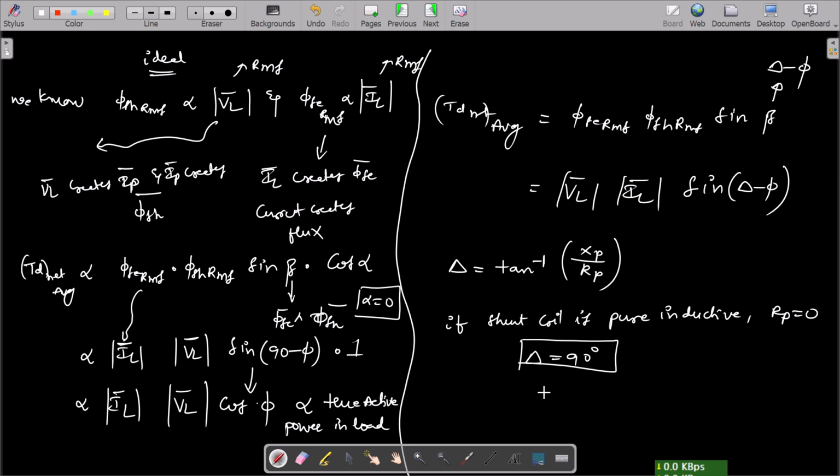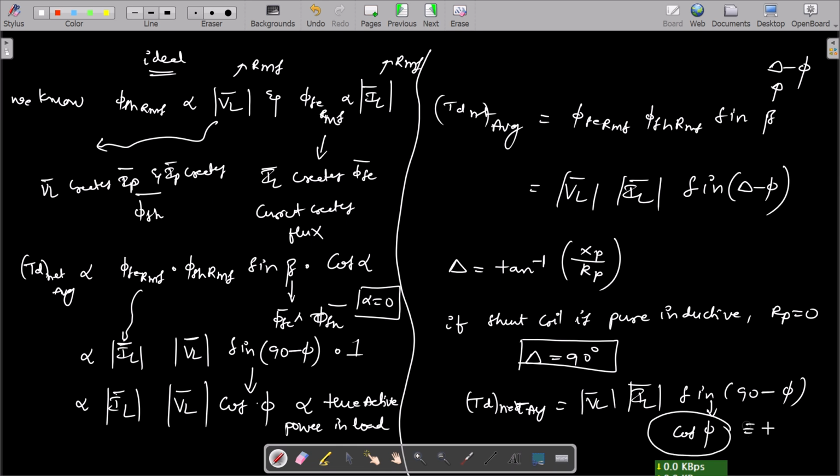So if delta is equal to 90 degrees, then TD net average will be VL bar IL bar into sine of 90 minus phi, and this will become cos phi, that is it will be equal to an ideal case. Okay, this will be equal to an ideal case.